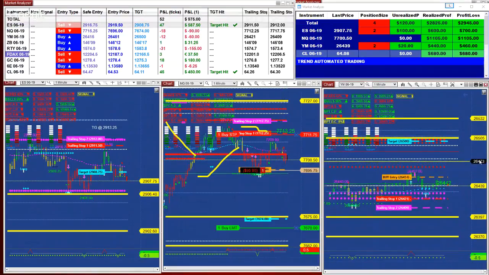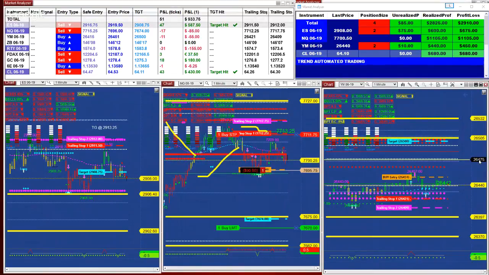The YM is just sitting there. We'll wait and see. So you can see immediately once those two go in the opposite direction, there is an immediate impact on your trade.